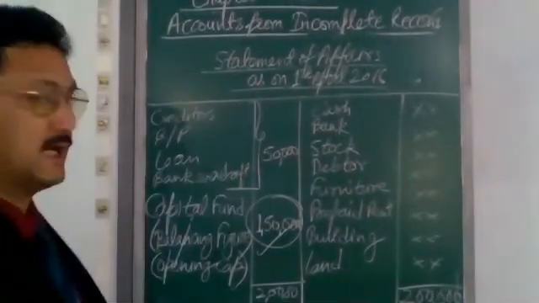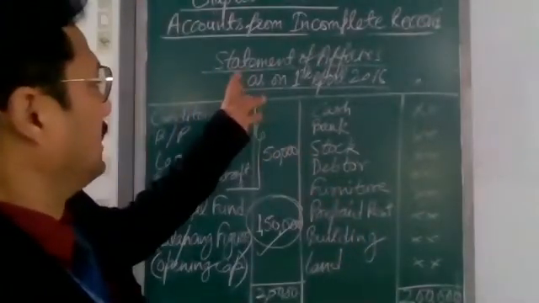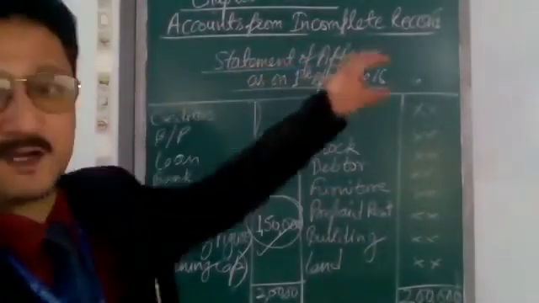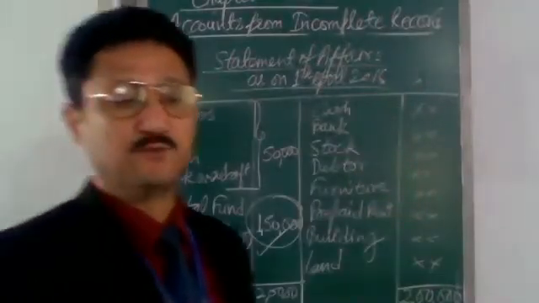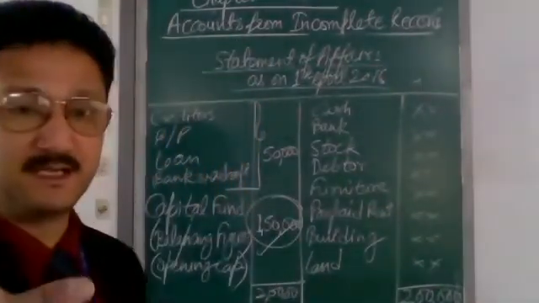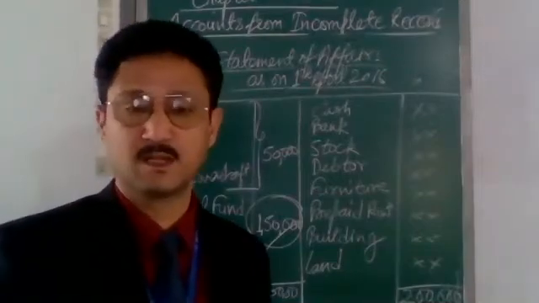Anyhow, in the questions to come, you will have to prepare first the statement of affairs. When you prepare the statement of affairs, just focus on the date and the various assets and liabilities given in the question.